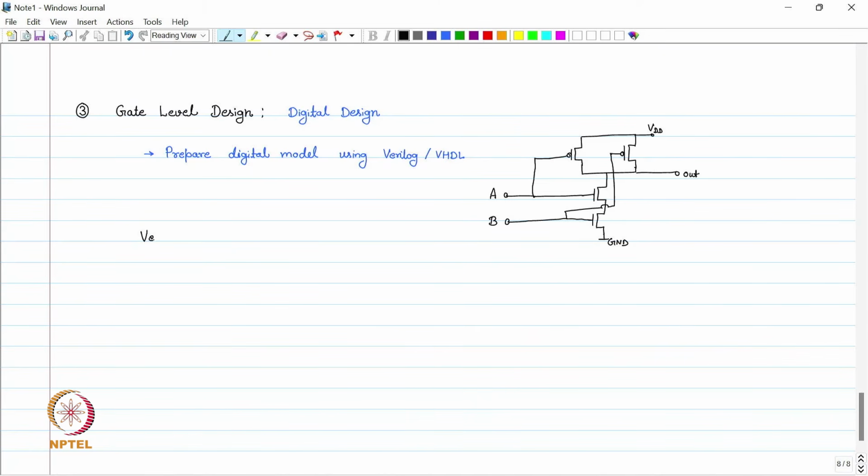Verilog code for a NAND gate. We can write the module, logic gate, which has three terminals: C, A and B. C is the output, A and B are the inputs, so we need to define that.